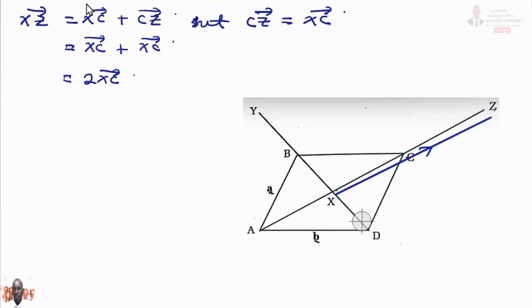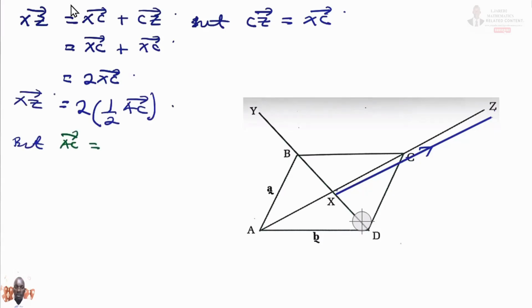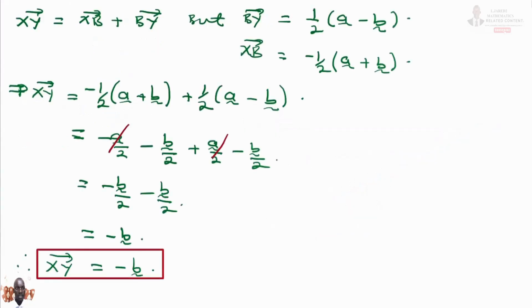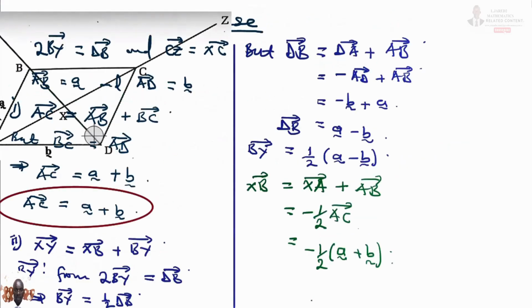But now what is vector XC? Vector XC, since X is the midpoint of the line AC, it implies that we are going to have a half vector AC. But vector AC, we can cross check from earlier on, is a plus b.